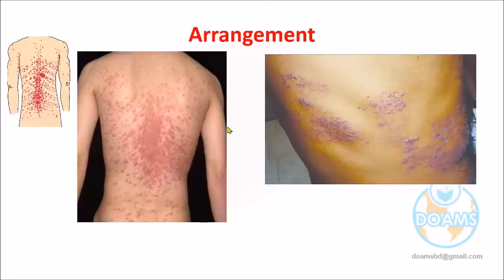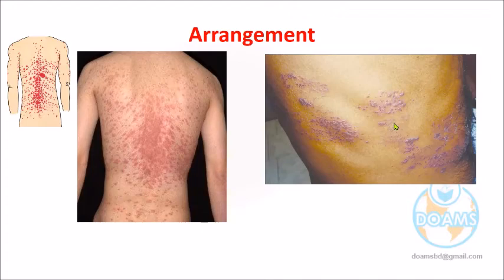Arrangement. We are discussing the arrangement now. How the arrangement of the lesion helps us reach a diagnosis. All the diseases are not possible to be explained by arrangement. But here, left side one disease, right side another disease. What is the arrangement difference here? Cleavage line and dermatomes. On the right side of the screen, these are dermatomal.